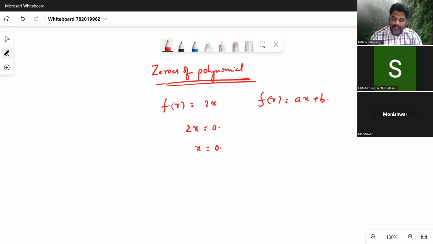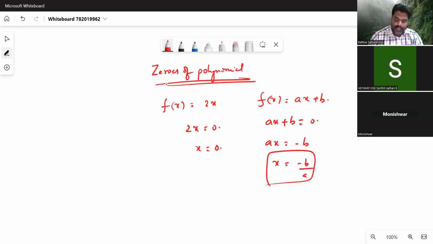If I have to find the 0 of polynomial for this, I will equate ax plus b to 0. Then ax will be minus b, x will be minus b by a. So this is the 0 of the polynomial for f of x is equals to ax plus b. Okay, clear? This is all your basic class 9. That is what you would have learnt in class 9. Correct?